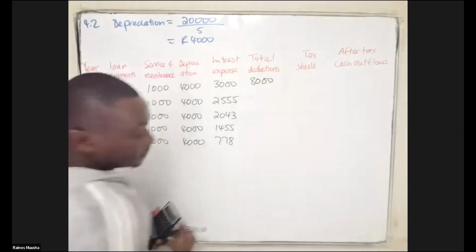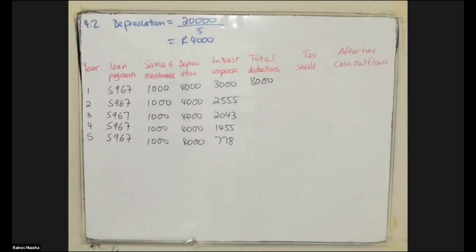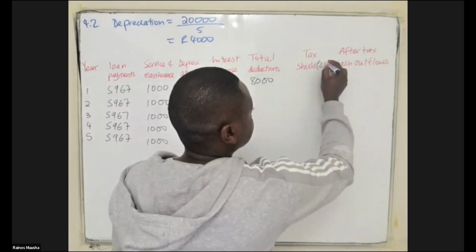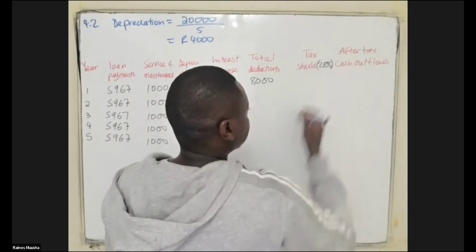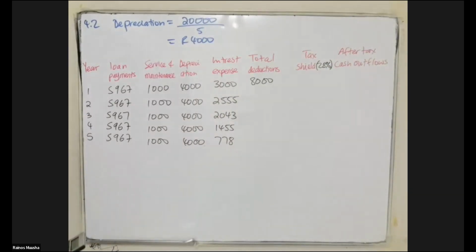8,000. Now, from the 8,000 figure, your tax shield is going to be equal to 28%. Remember they tell us that the tax shield is going to be based on 28%. So your tax shield is going to be 28% of your total deductions.